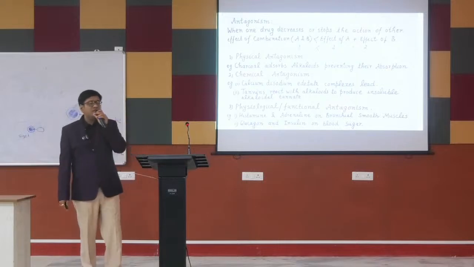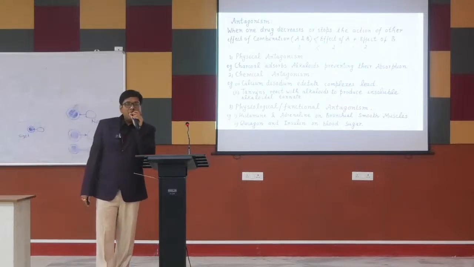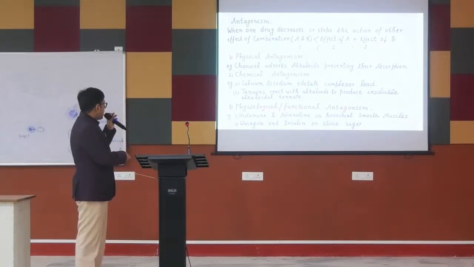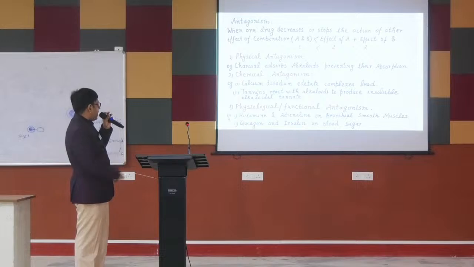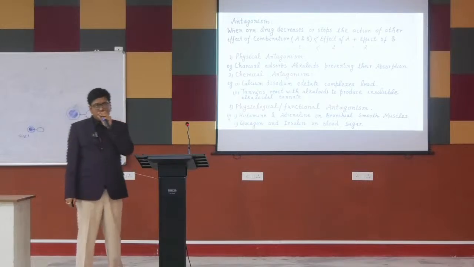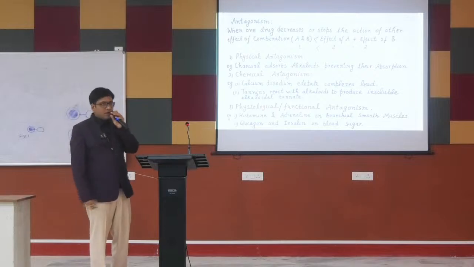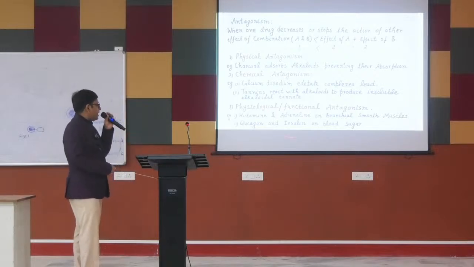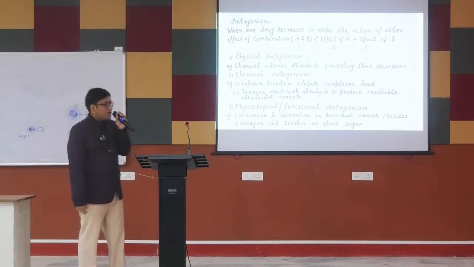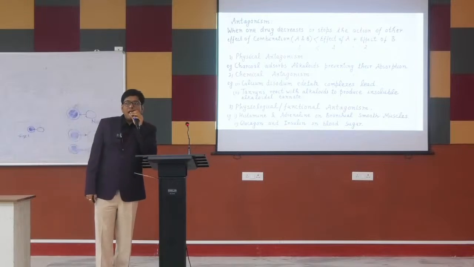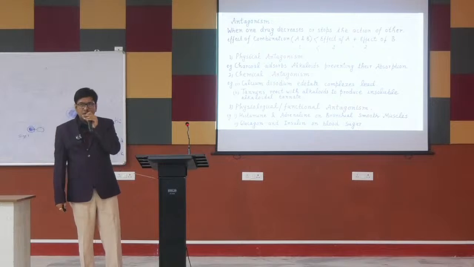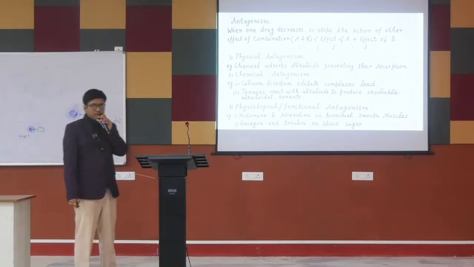Physiological or functional antagonism means the action of one drug alters the physiological effect of another. Like, see, glucagon and insulin. Insulin is a drug that reduces blood sugar level, and glucagon is a drug that increases blood sugar level. So if the two of them are given together, the effect of one drug will neutralize partially or completely the effect of another. So you will get the effect of none. This is called physiological antagonism.